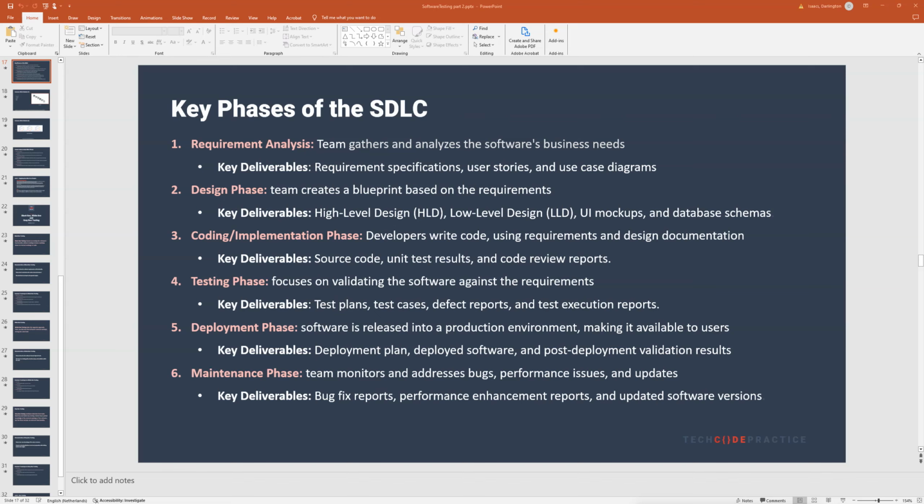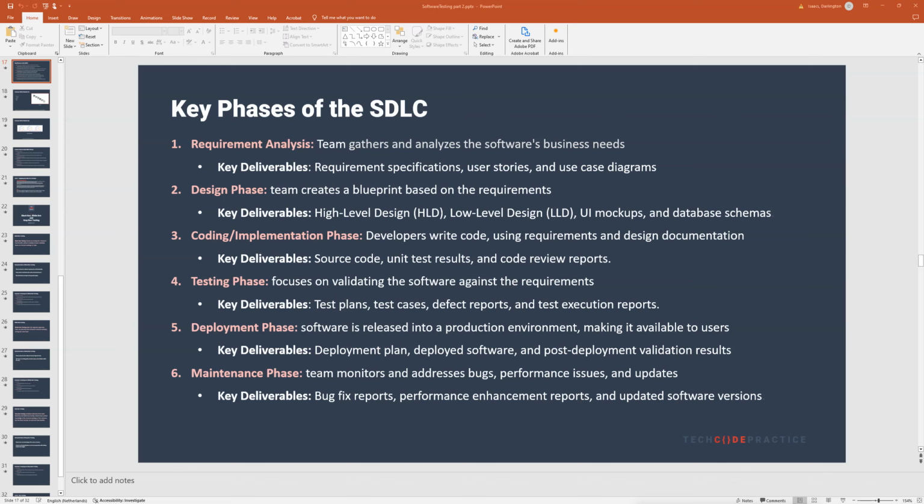We also discussed what SDLC is and went over the different phases. So if you missed any of this, I definitely recommend that you review them to fully understand the different stages of the SDLC.